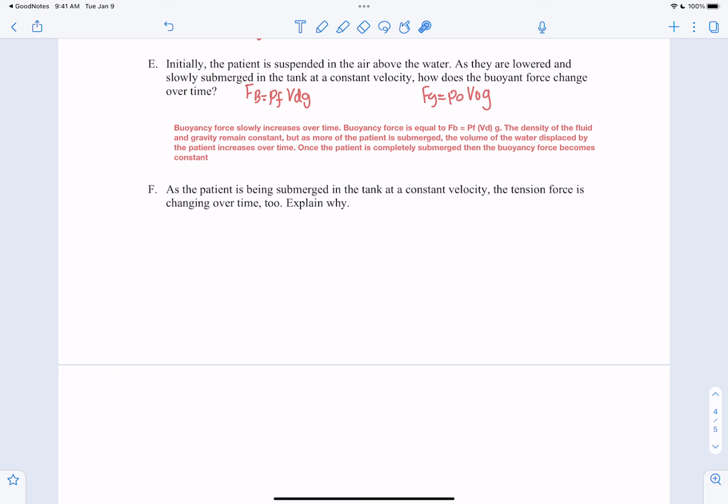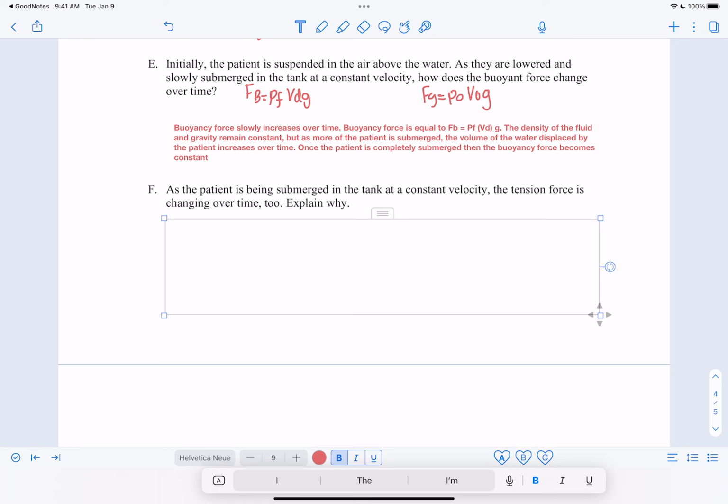So in that case, let me write this down here real quick. As the patient is being submerged, we know that the buoyancy force is increasing as the volume displaced by the patient is increasing.